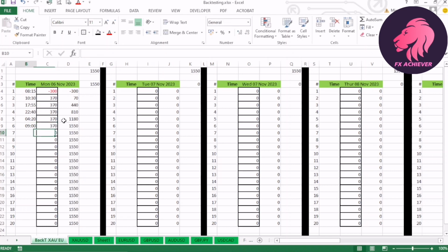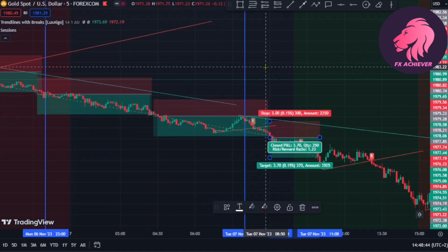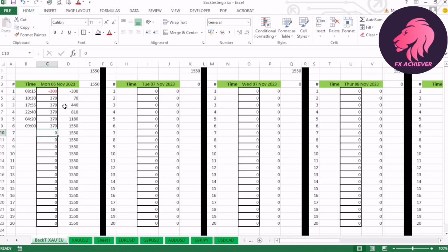I pocketed 370. I count this one as the session on the following day. So we can remove this one here and place it under Tuesday, because on Tuesday it's another day. That's where I actually begin the other session.